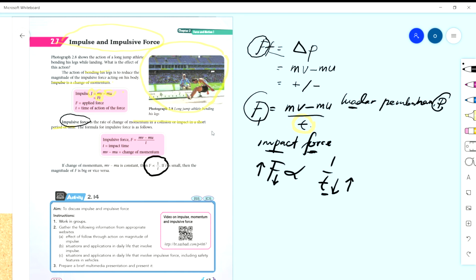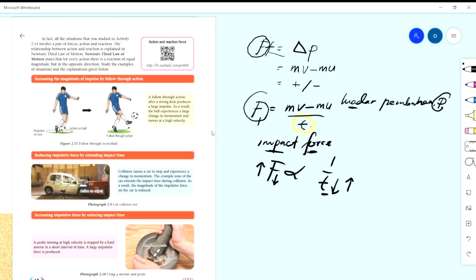Okay, so on the next page, kita nak tengok application lah. So this application of impulsive force and impulse can be explained by, tengok kat sini, Newton's third law. Newton's ada 3 law, kita dah belajar first and second law. So third law states that for every action there is a reaction of equal magnitude but opposite direction. Okay, kena ingat this statement.